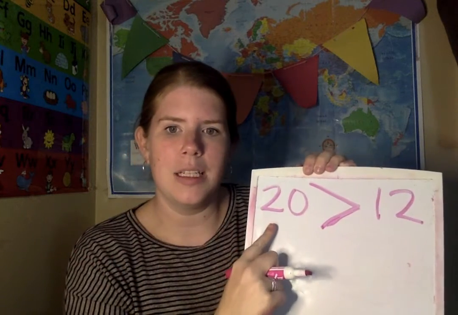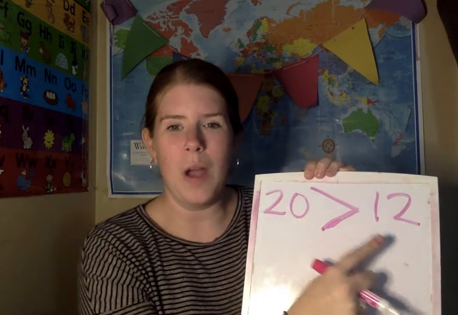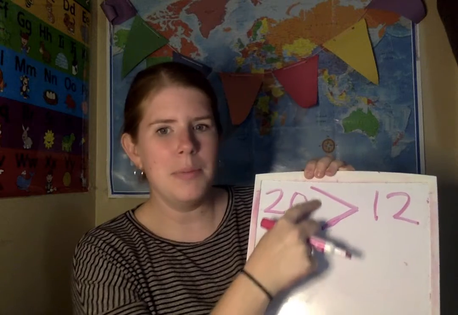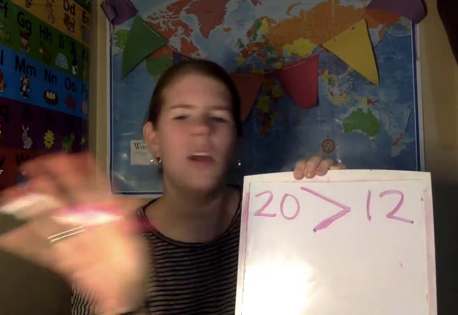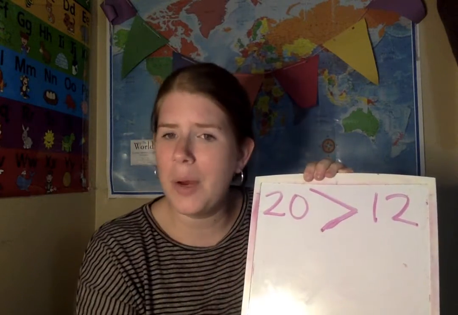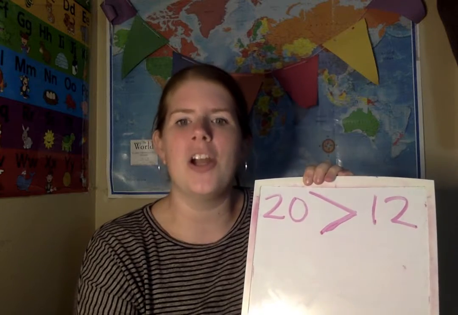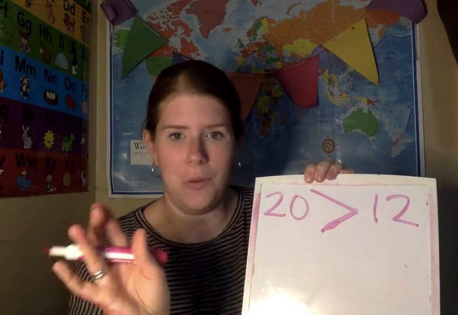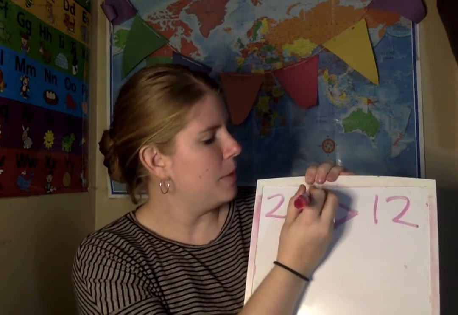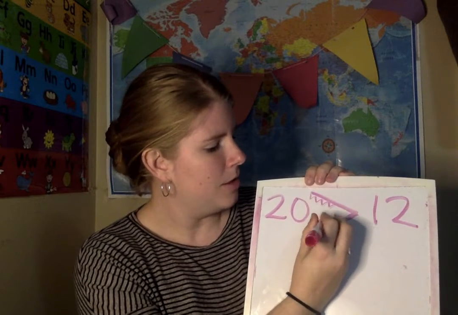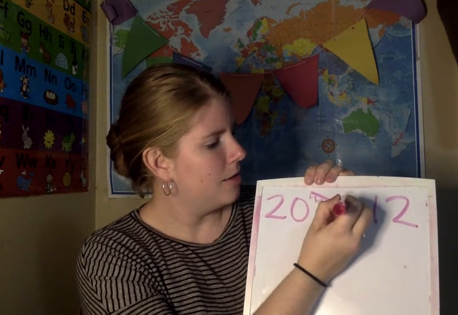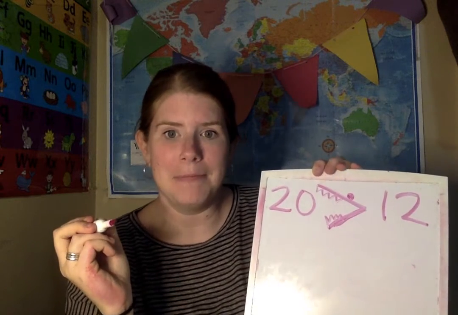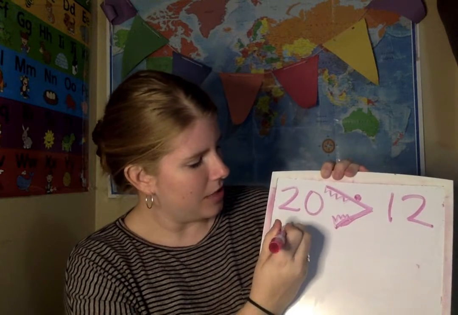There we go. 20 is greater than 12. The big open piece right here is always pointed towards the bigger number. Always. So a lot of times people make this into an alligator, and the alligator wants to eat the bigger number.